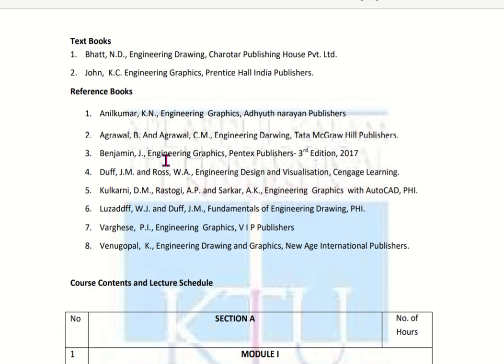And the textbooks preferred by the university are Bhatt N D, Engineering Drawing, also John, Engineering Graphics, and some other reference books are Anil Kumar, Agrawal, Benjamin, Duff, Kulkarni, Lucien Duff, Varghese, Venugopal. These are some of the very important textbooks.